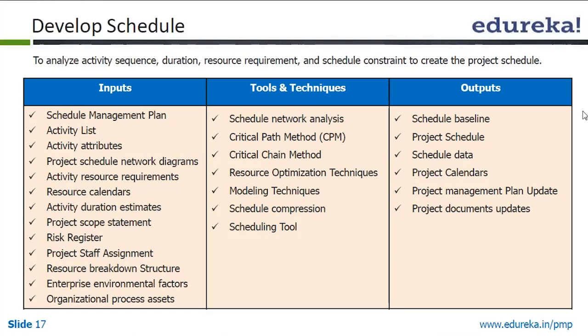Schedule network analysis, critical path method, critical chain method, resource optimization techniques, modeling techniques, schedule compression and scheduling tools are the tools and techniques. Schedule baseline, project schedule, schedule data, project calendar, project management plan updates and project document updates all become outputs of this develop schedule process.